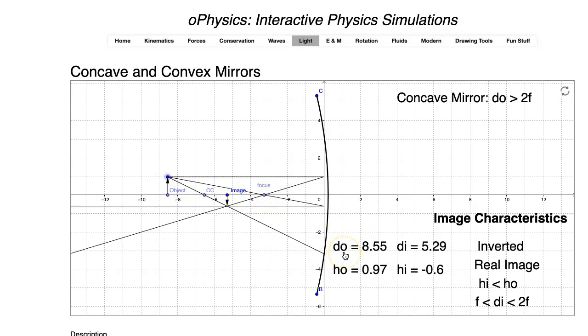DO means the object's distance, how far the object is from the mirror, 8.55. The image distance, DI, is 5.29. This is the height of the object originally, 0.97, and HI is negative 0.6 centimeters. All of these units are in centimeters.